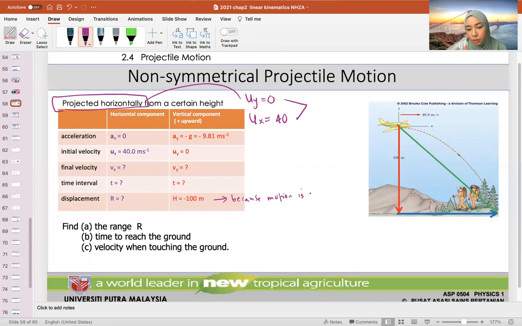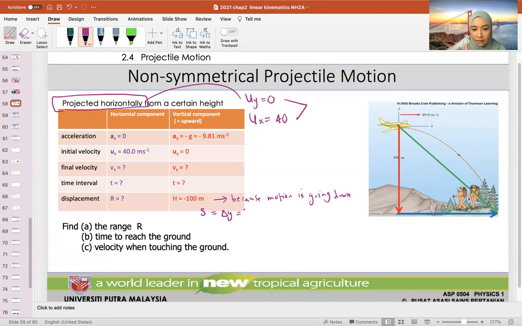Can we relate it to equation? Ada tak equation yang korang ingat? What is the equation for S? S equal to delta Y or delta X. What is the equation? How do you expand delta? Y final minus Y initial.